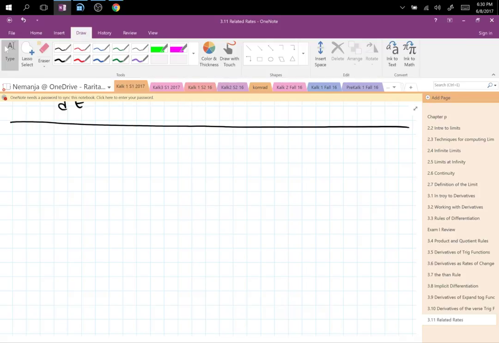So let's see a few of these examples. When you see a triangle, a triangle will have a few different formulas. You have the Pythagorean theorem for the right triangle. You have the area for the triangle. You have the perimeter of the triangle.